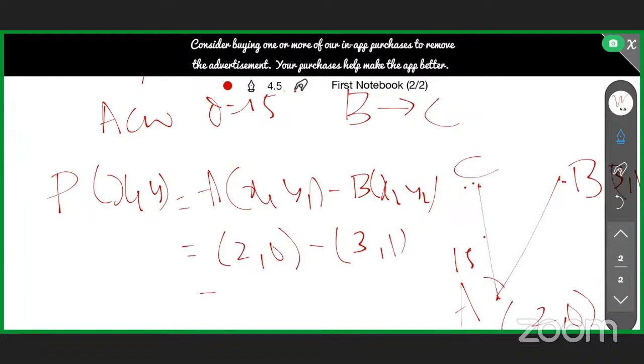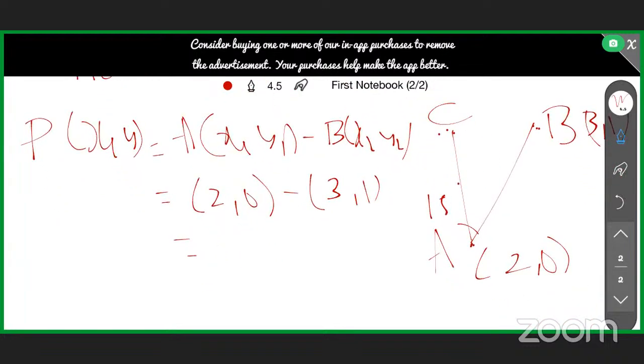That will be (2, 0) minus (3, 1), which is (-1, -1). So P(x, y) is equal to (-1, -1). I can take it as B to A or A to B, no problem.